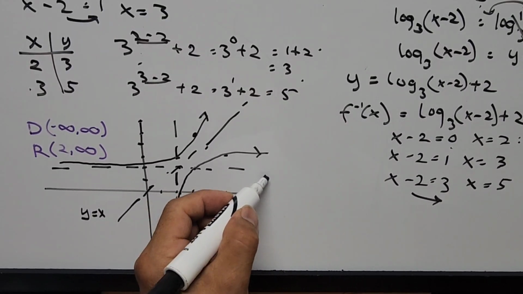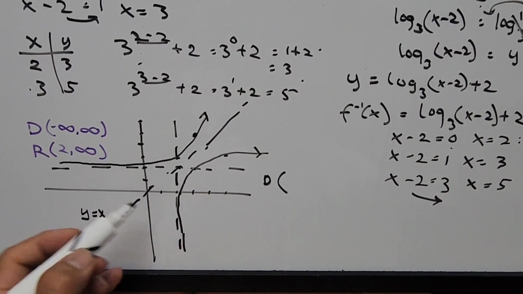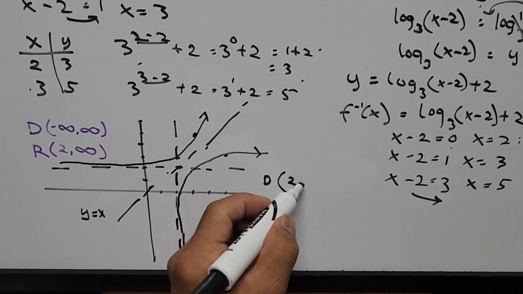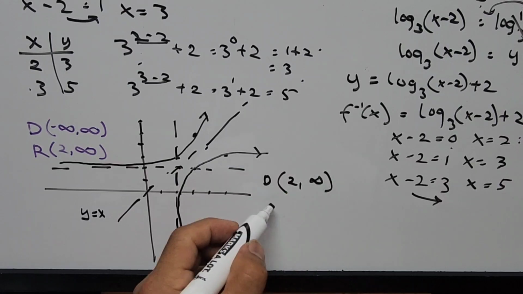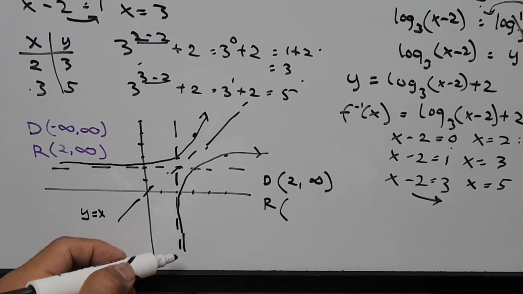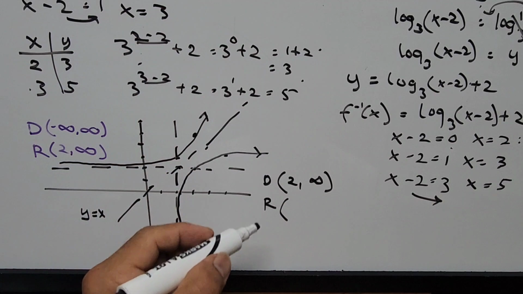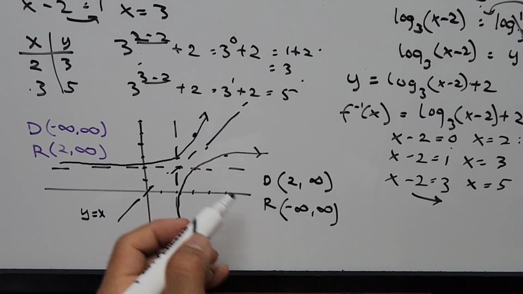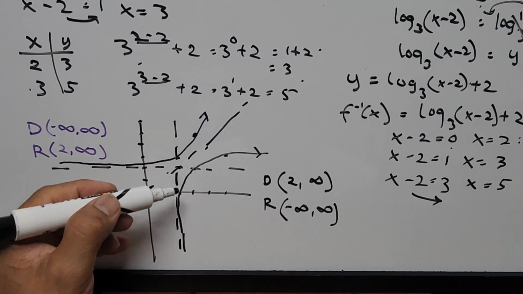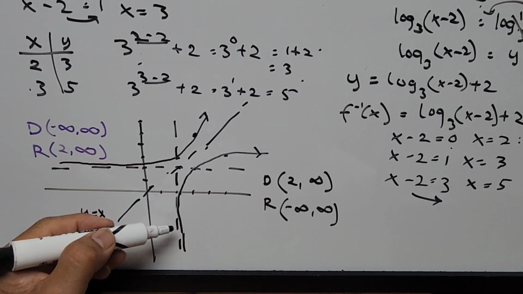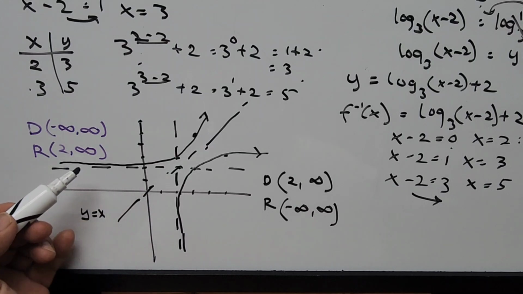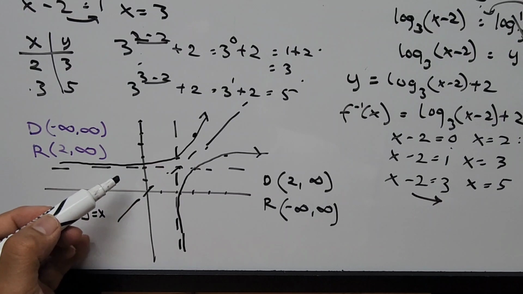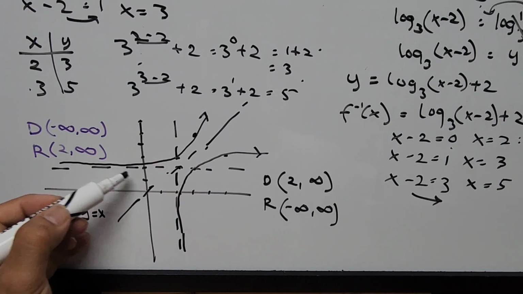The domain here is limited by the vertical asymptote, so that is 2 to infinity. And the range is from negative infinity to positive infinity. And of course 2 is not included because the graph never touches the vertical asymptote. The same thing on the graph of the exponential function: it never touches the horizontal asymptote y equals 2.